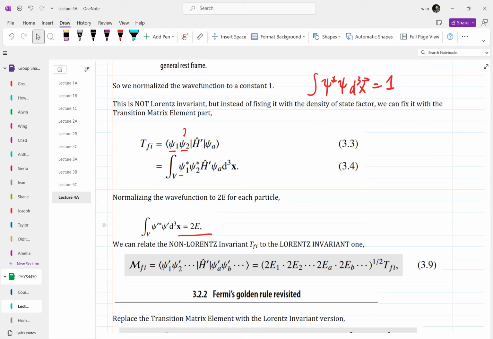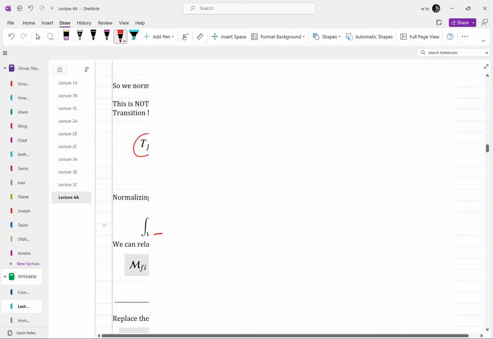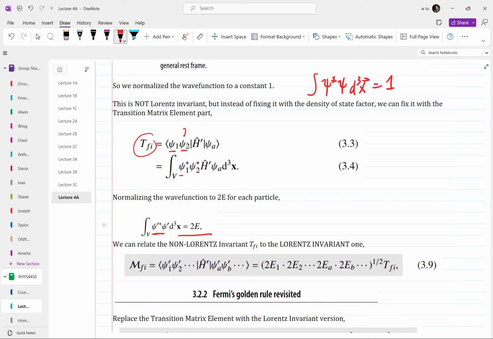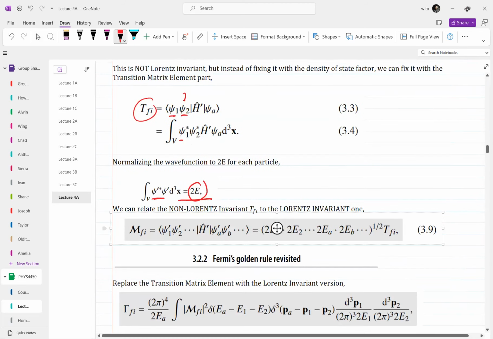So essentially what's going to happen is that every time you do an integral of psi star psi, you're going to get a factor of 2 times the energy of that particular particle. So the TFI is the non-Lorentz invariant matrix elements.